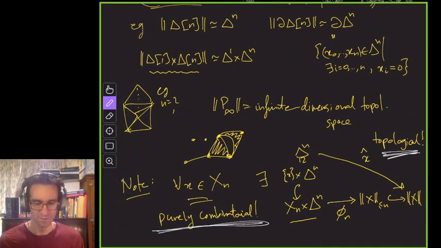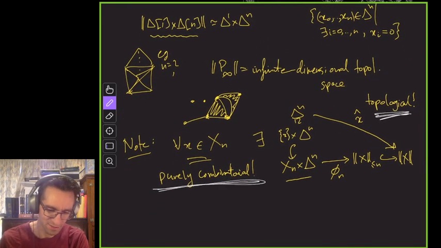This should strike you as a very useful fact, because I have a combinatorial model for a space, and each thing in the combinatorial model gives me an actual topological thing. I'm thinking of little x as an n simplex, but it's not actually an n simplex; it gives me an actual n simplex when I geometrically realize.